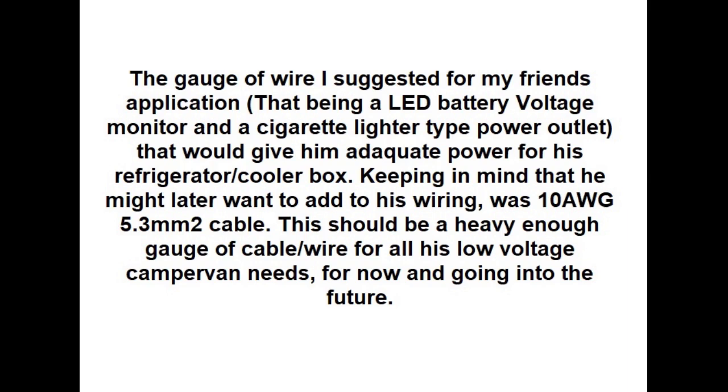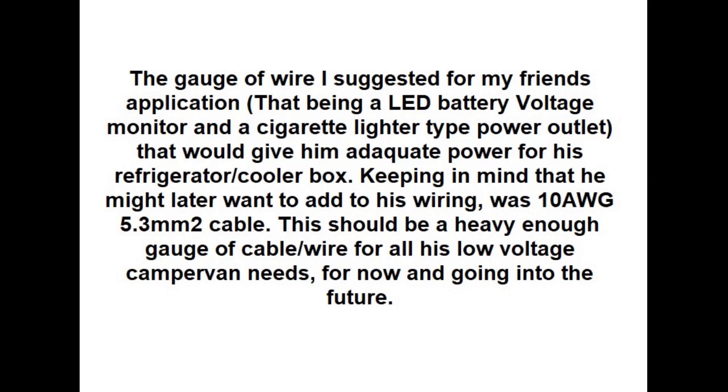In short, the wire had to be heavy enough, or of a thick enough gauge, to not allow the high power draw of the fridge to overly affect the LED gauge's ability to get a realistic reading of the state of charge of the battery, or its true voltage level at any given time.